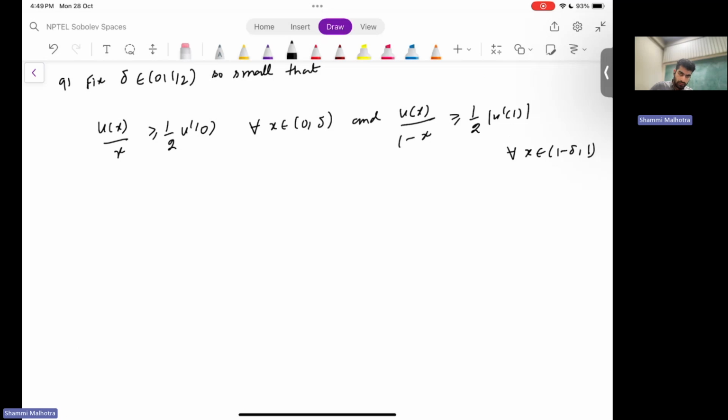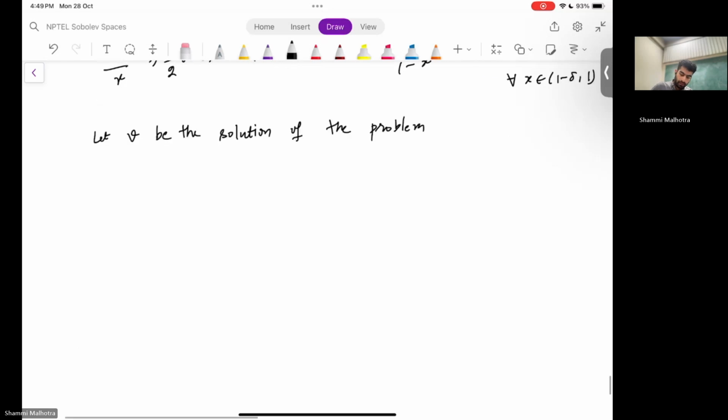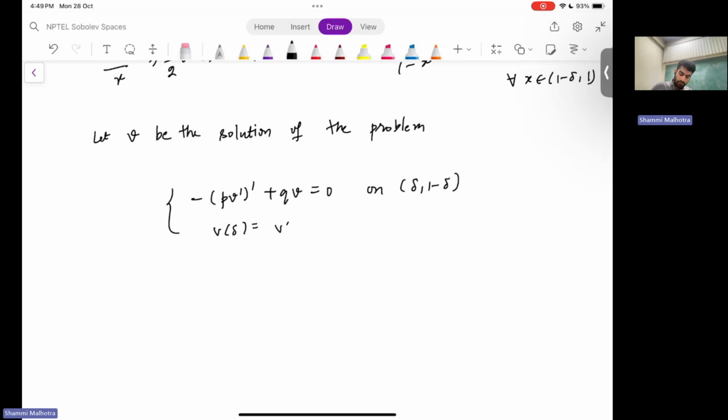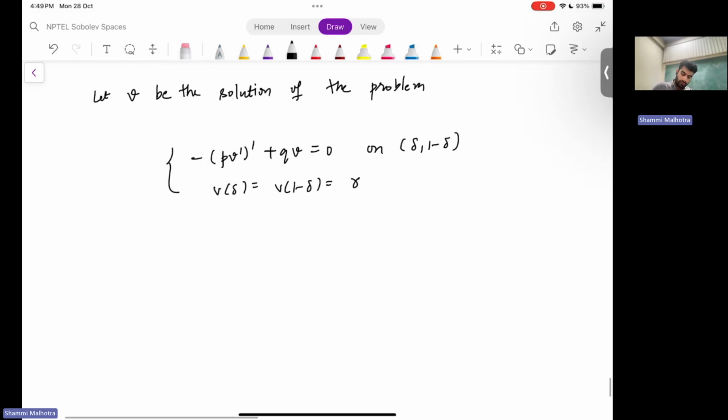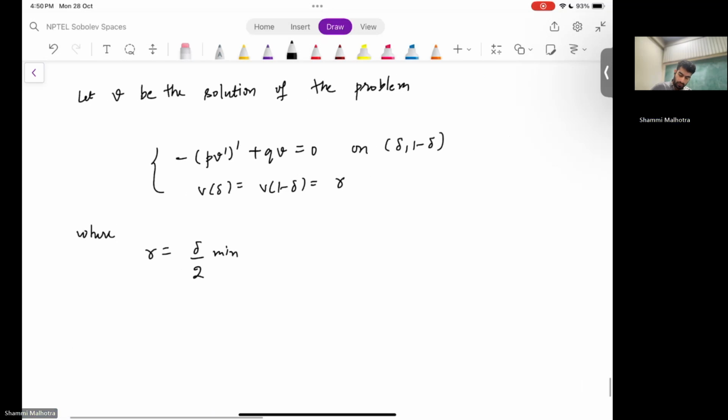Like you can check. Then let v be the solution of the problem minus p v dash whole dash is q times v equal to 0 on (delta, 1 minus delta), and v of delta equals v of 1 minus delta equal to gamma, where I'm taking gamma to be delta by 2 times the minimum of u dash 0 and mod of u dash 1.